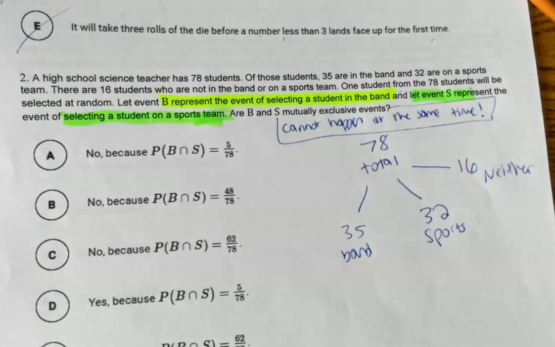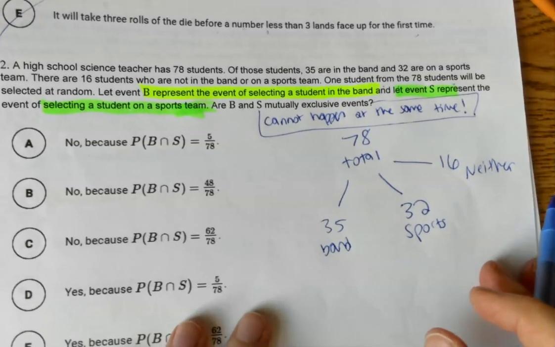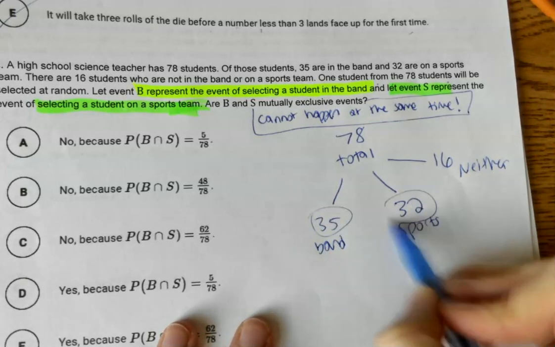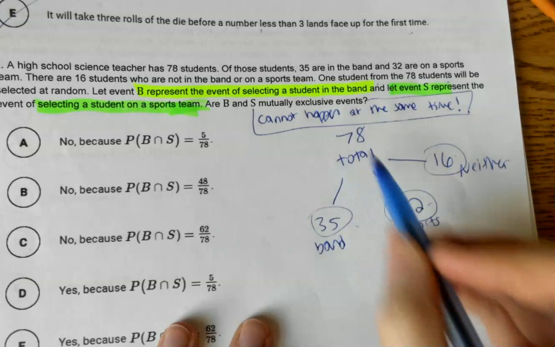All right. So technically, you can be in the band and on the sports team, right? So let's see if these students are actually in the band and on the sports team. What I'm going to do is sum up these breakouts and see if they equal 78.